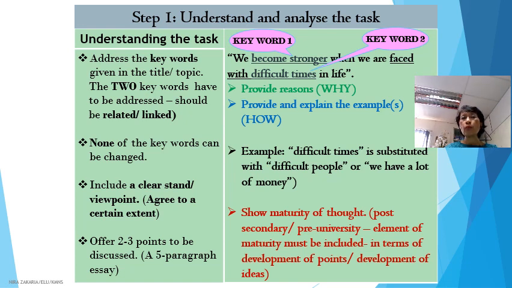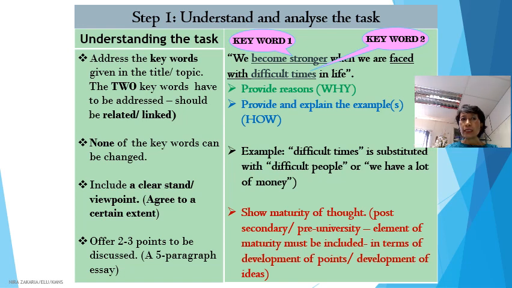In the process of elaborating, you have to give the reasons of why one has become stronger when they are facing difficulties in life. Now, what has caused them to be stronger?